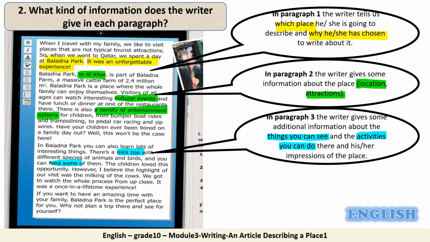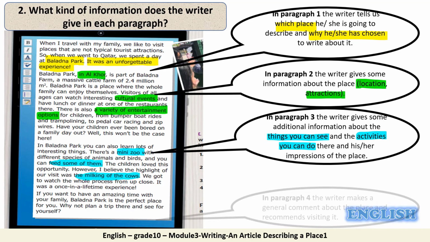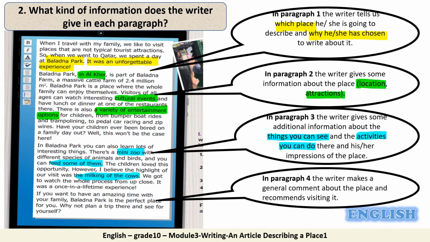For example, feeding the animals and the milking of the cow. In the last paragraph, paragraph 4, the writer makes a general comment about the place. He says, for example, Baladna Park is the perfect place, and he recommends visiting it by saying, why not plan a trip there and see for yourself?